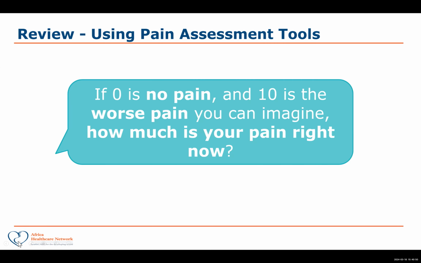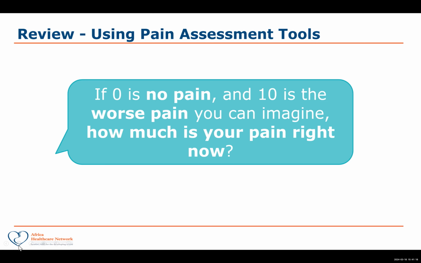All right, so using the pain assessment scale, we would say if 0 is no pain and 10 is the worst pain that you can imagine, how much is your pain right now? When we use the scale to assess our patient's pain, this is exactly what we want to ask them. So if we had a patient who's experiencing a 9 out of 10 pain, how much pain would that be?